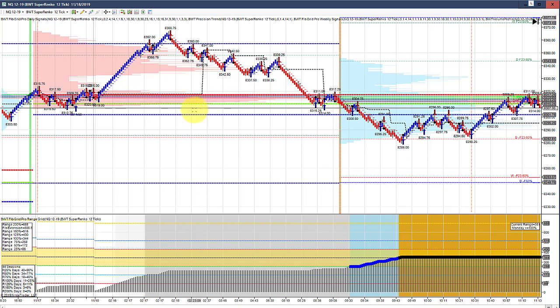Also, a particular note on this chart is in the last video I talked about the dividing line between when resistance becomes support and support becomes resistance. There's a really good example of that here.